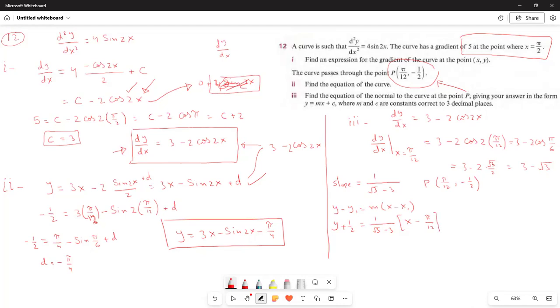Hope everything is clear here. So let me open this bracket. It will become 1 over root 3 minus 3 times x.